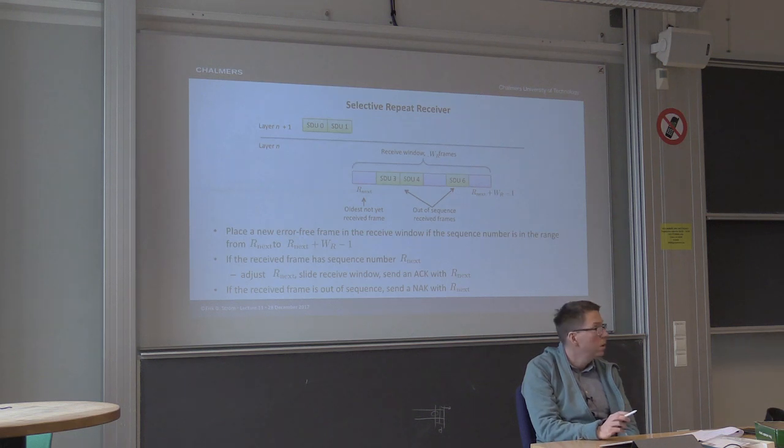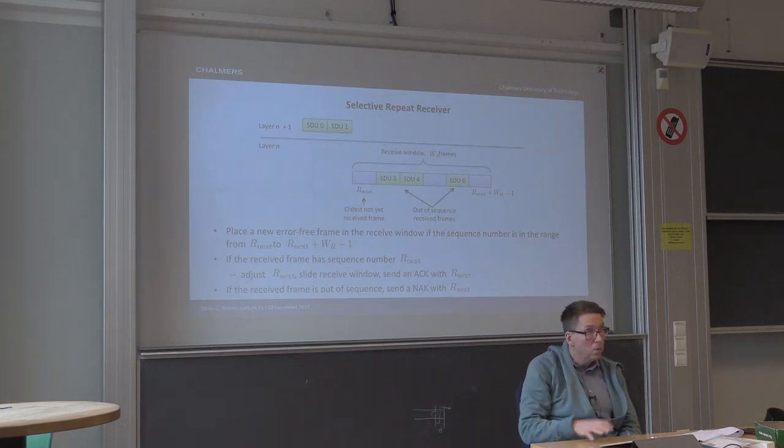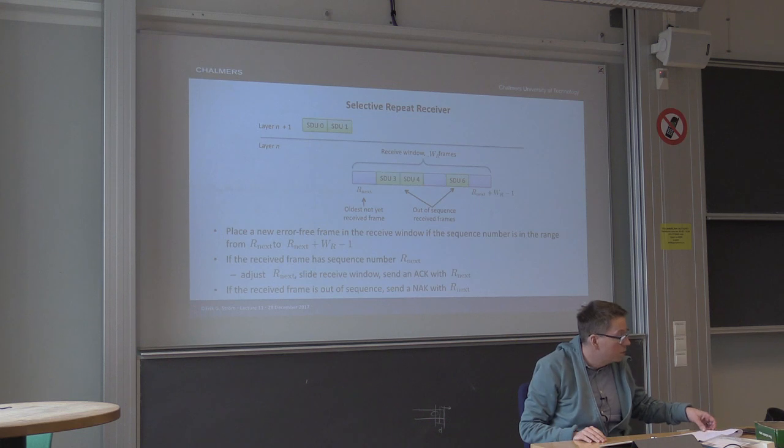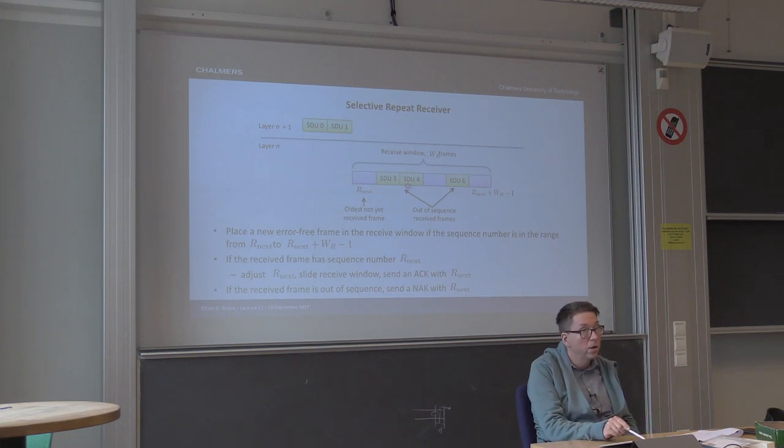So I hope the principle is pretty clear here, and one can show that selective repeat performs as go back n when there are no errors, because it's essentially go back n when there are no errors. When there are errors, then it handles these errors more gracefully than go back n, simply because it can buffer already correct frames that are received out of sequence. So selective repeat is what performs the best here.